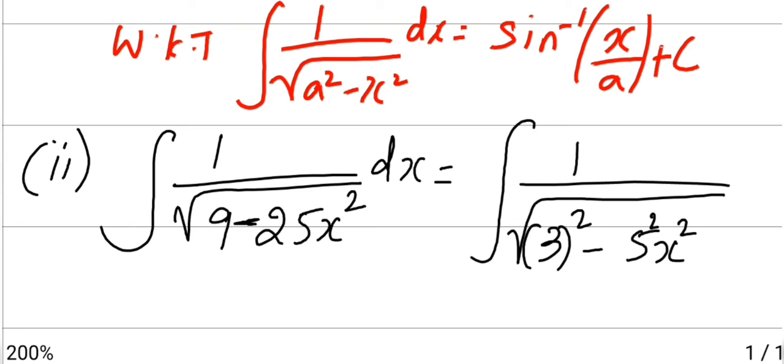But you have to see here, the variable is independent of the constant. So what we will do, we will take this 5 outside.